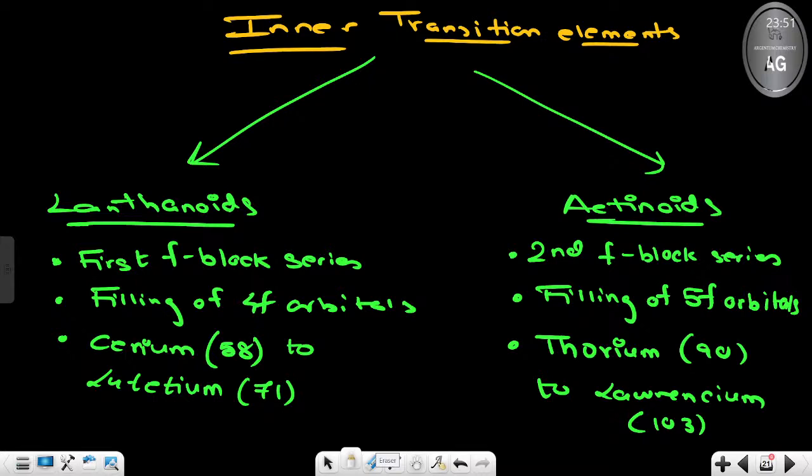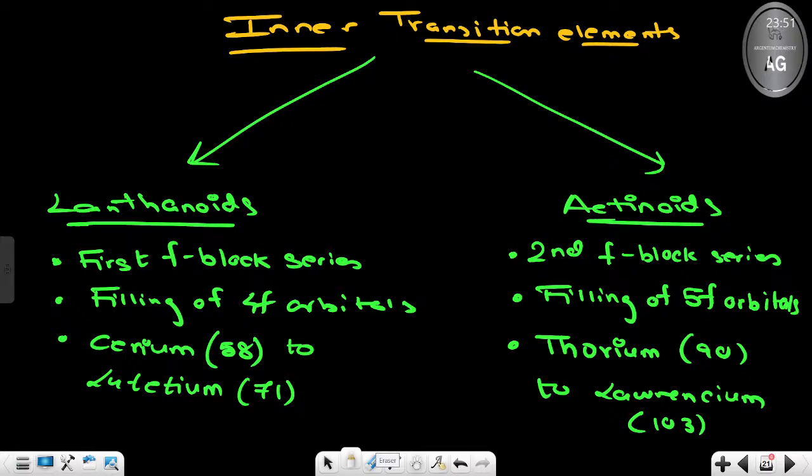Filling of 4f orbitals takes place in lanthanoids and filling of 5f orbitals takes place in actinoids. Lanthanoids start from cerium, 58, and end at lutetium, 71, while actinoids start from thorium and end at lawrencium, 90 to 103.